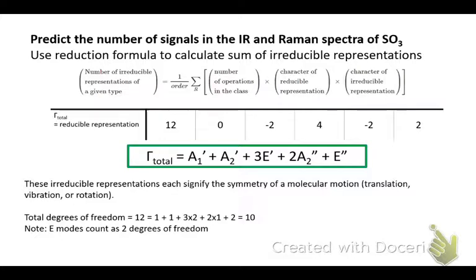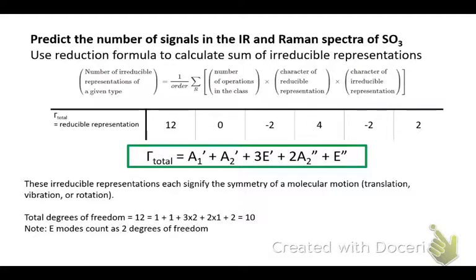So if you took those rows in the character table and you added together the characters, the numbers in each of those columns, you could get our reducible representation. This is a unique solution. There is no other way to come up with the combination 12, 0, -2, 4, -2, 2.